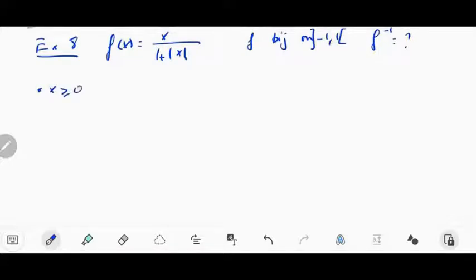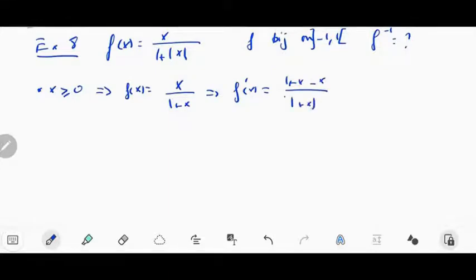If x is positive, then f of x is equal to x over 1 plus x. Then the derivative will be f prime of x equals (1 plus x minus x) over (1 plus x) squared, which is equal to 1 over (1 plus x) squared, and it's positive.